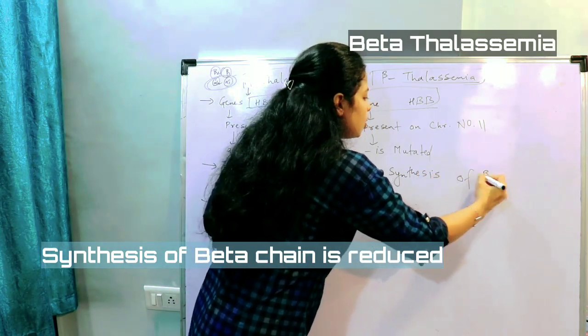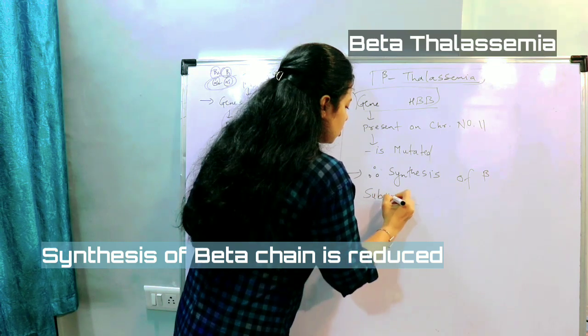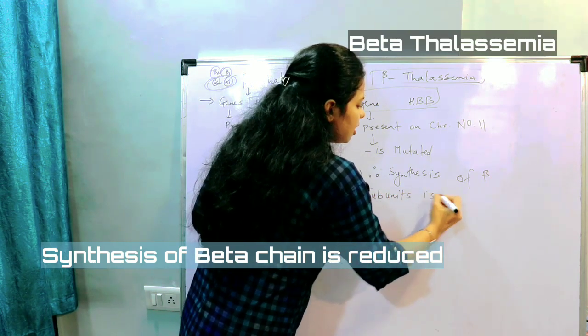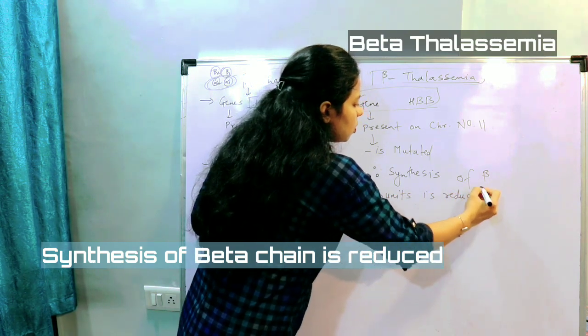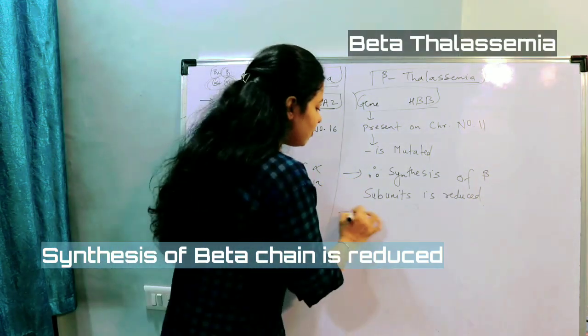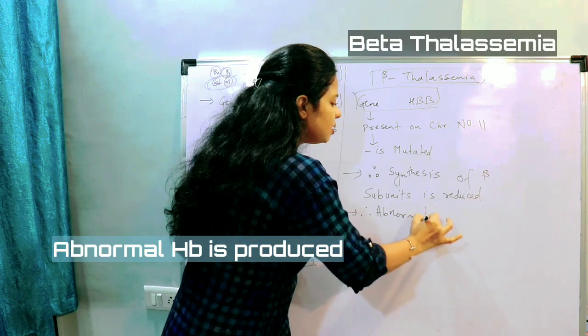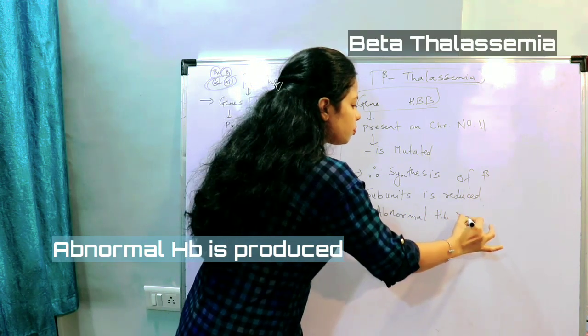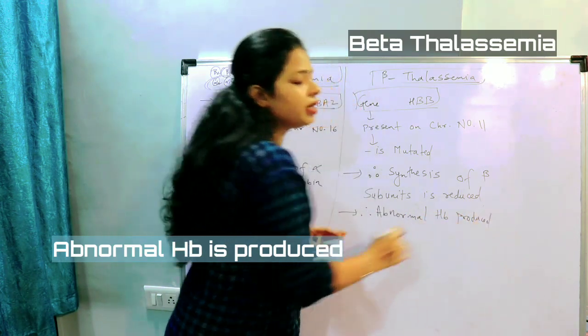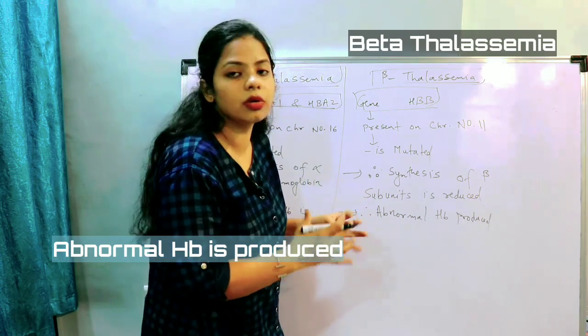Therefore the synthesis of beta subunits is reduced, and abnormal hemoglobin is produced. If there is no beta subunit, how will the hemoglobin look normal?